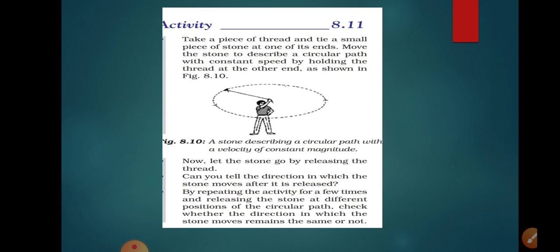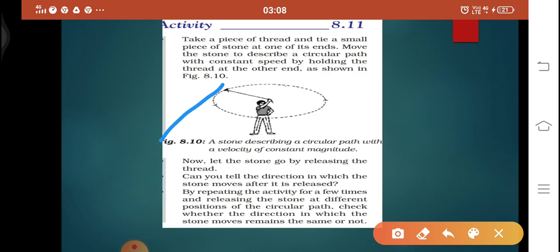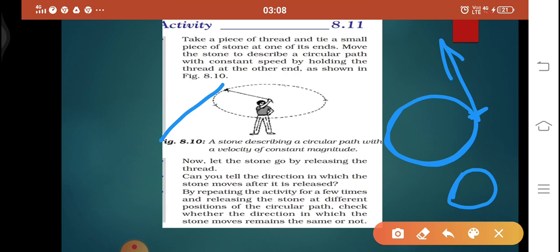Now when you are moving and you release, in which direction will it go? Suppose you release at this point, the stone will go here. If you release here, it will go this side. So it will go along the direction of the tangent.